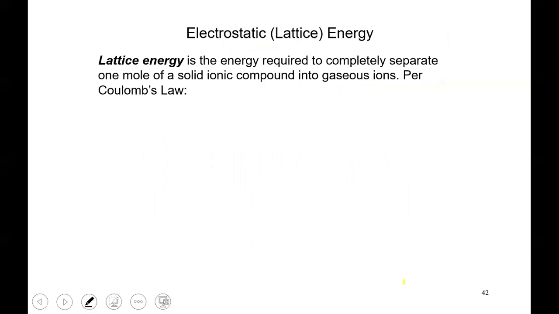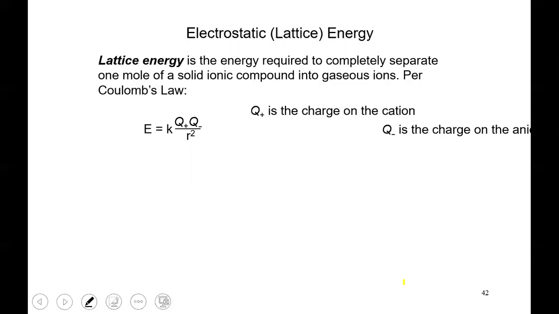In physics, you learn something called Coulomb's law, which essentially is used to calculate the energy between 2 opposite charges. And it goes something like this, okay? K is a constant, called Coulomb's constant. Doesn't matter here. We're not going to use this quantitatively. But Q plus is the charge of the cation.